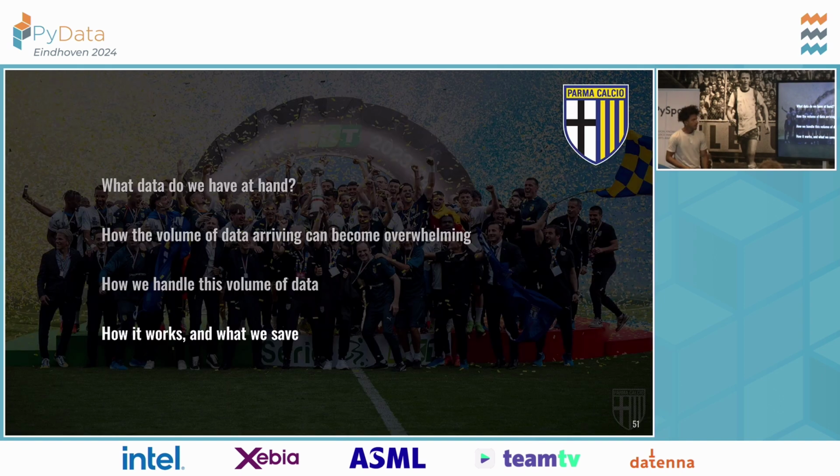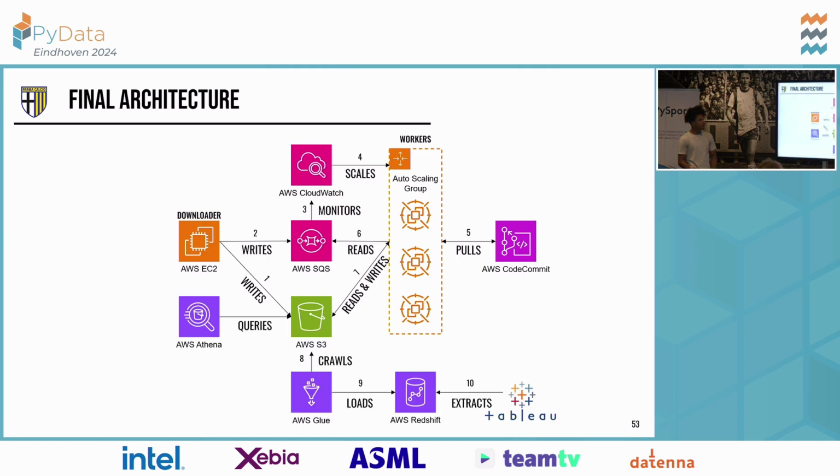So now I'm going to show you how it works in real life, and I'm going to show you some nice dashboards that we use at the club. So we actually have ETL services, so extract, transform, and load services that are going to fetch the non-tabular data that's created in the data lake, and they're going to put it to Redshift in the data warehouse, which is similar to a database.